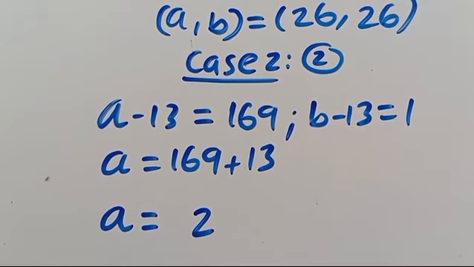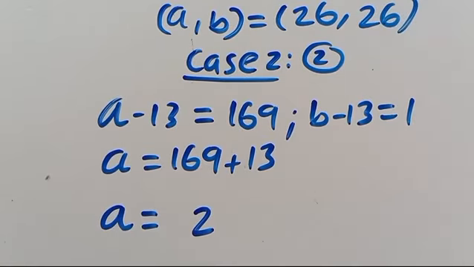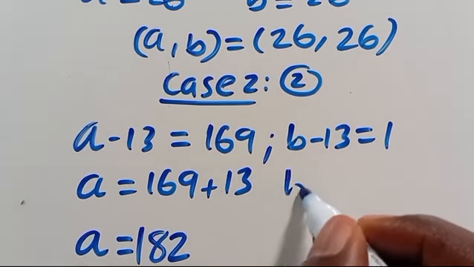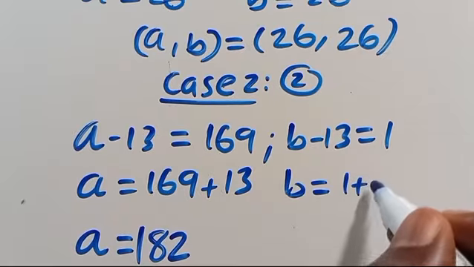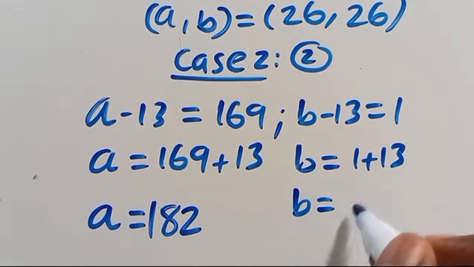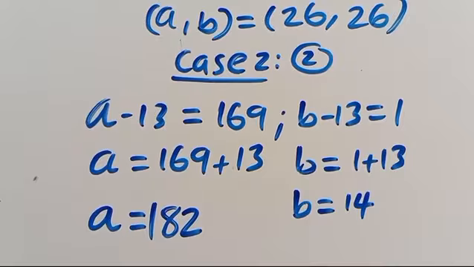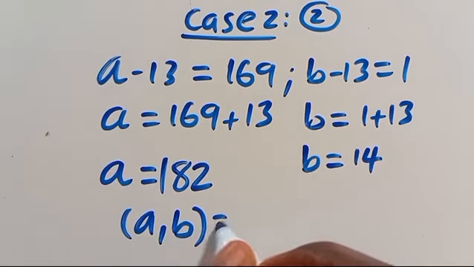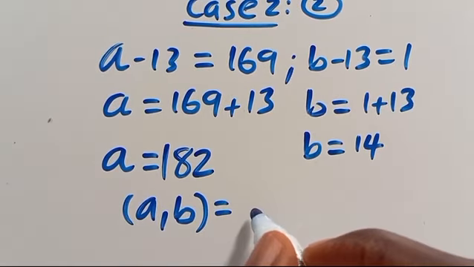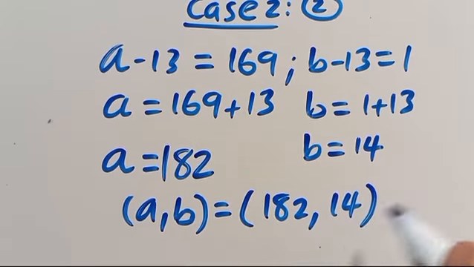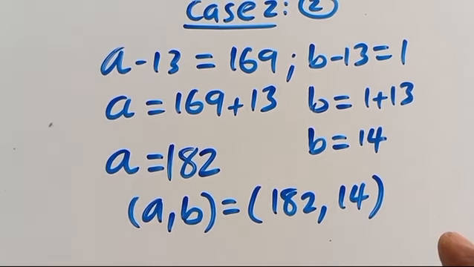We write 2, we take 1. Then 1 plus 6 plus 1 will be 8. Here will be 182. Then we have b equals 1 plus 13, which gives us 14. So we also have a, b equals 182, 14.